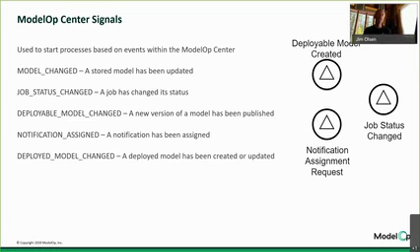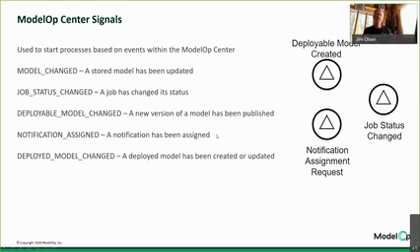And again, all of these will give you objects that change, so you can then do stuff with that within your process definition. One we'll be using today specifically is a deployable model has changed, basically saying that a new version of the model has been created that's a snapshot of the model in time. So we want to go run tests on it and do things like that.